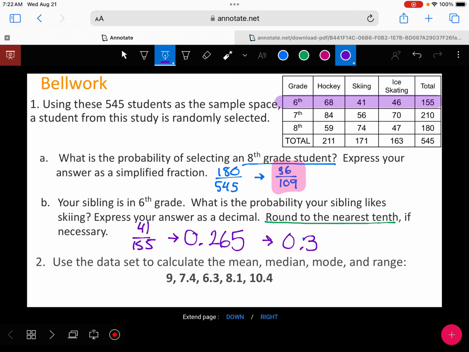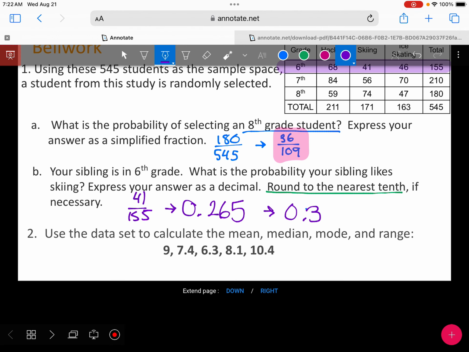All right, so number 2 is what we did yesterday. Calculating our mean, median, mode, and range. So what is our mean of this data set? I'm going to move my card out of the way. How do we find our mean?